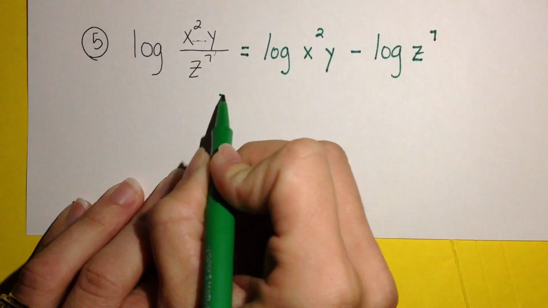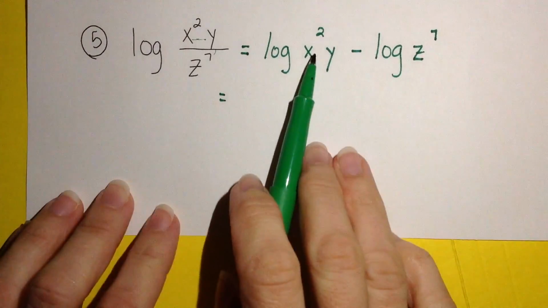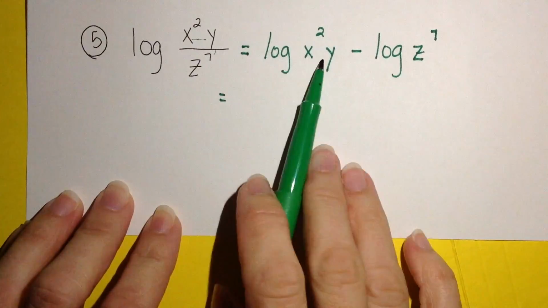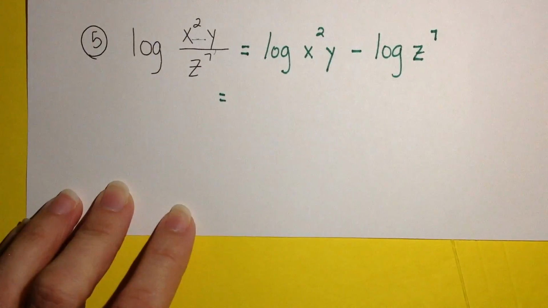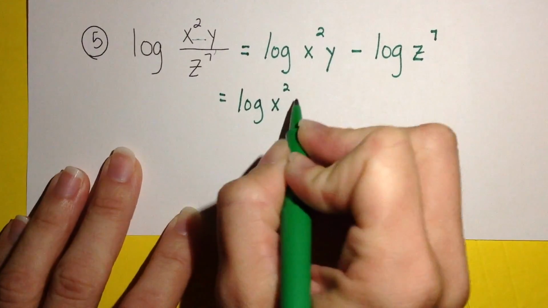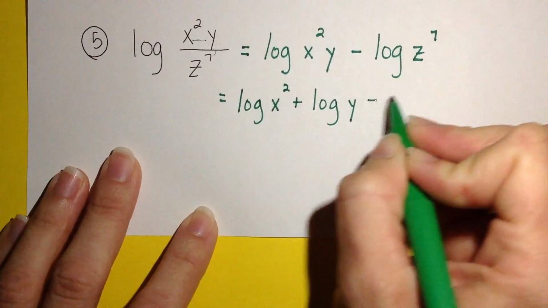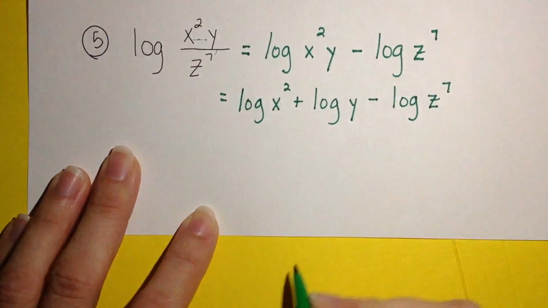Okay, next step, I'm going to take care of the multiplication that I have here. So this term will be split into two terms, but then I would need to put a plus sign between those two. So I'm going to have log of x squared plus log y minus log of z to the 7th.